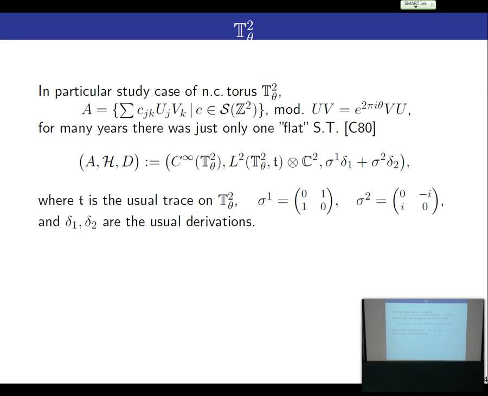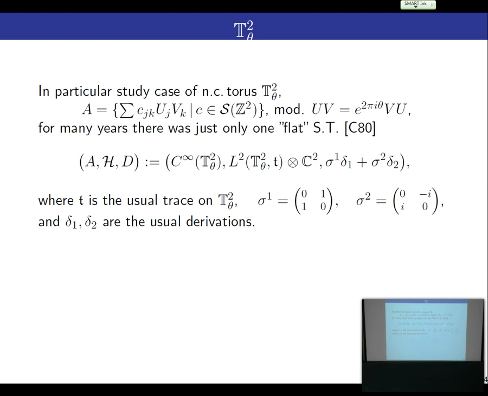There is also a usual trace with respect to which you can define L2 functions, L2 elements, square integrable elements, and complete the algebra with these square integrable elements. And the only modification in 2 dimensions is that you tensor this with a 2-component complex space, as we usually like to have Dirac spinors in 2 dimensions.